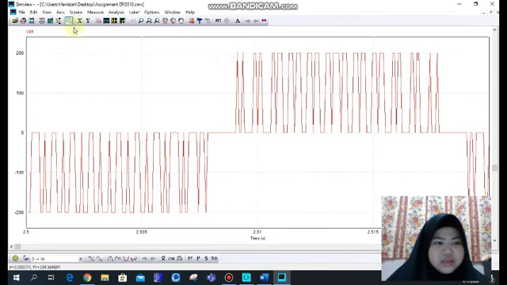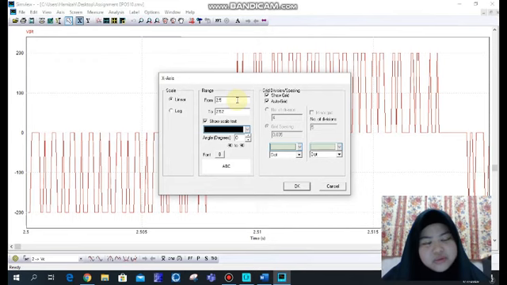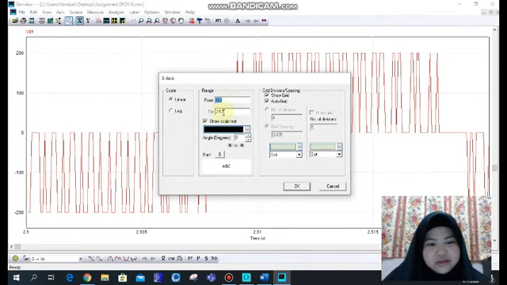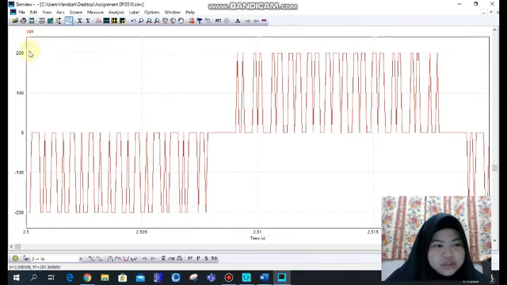The question wants to find the range from 2.5 until 2.52 seconds. From the waveform obtained, the peak to peak amplitude is from negative 200 until 200.